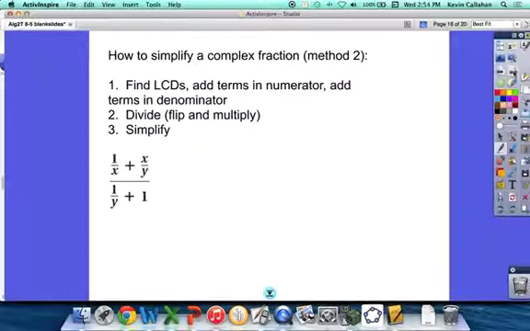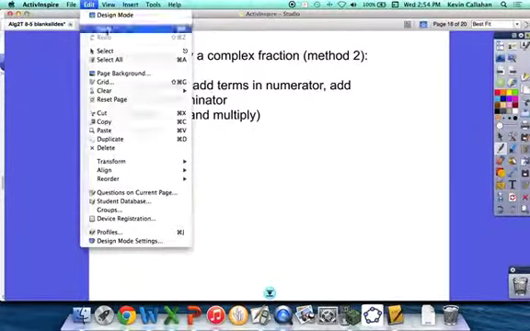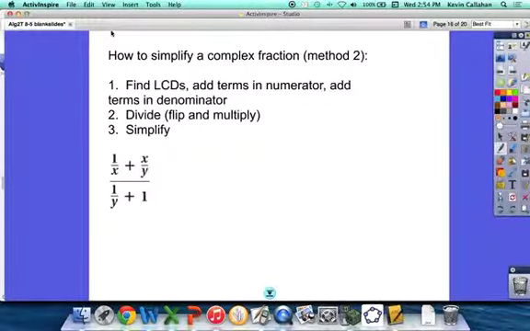So first, let's find the least common denominator just for the numerator. What is the least common denominator for the numerator? xy. So multiply this one by xy. No, I'm sorry, that's wrong. Edit, undo. So we're going to multiply this by y over y, and this by x over x.